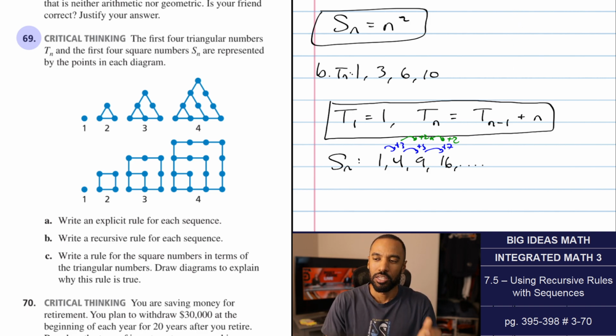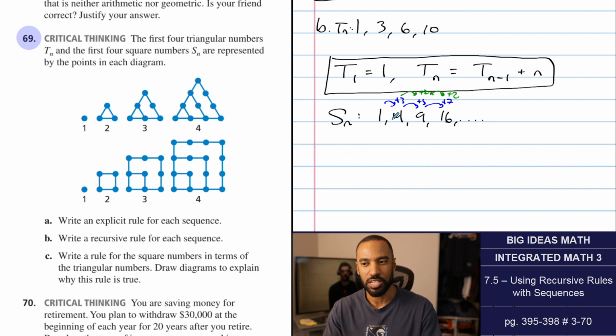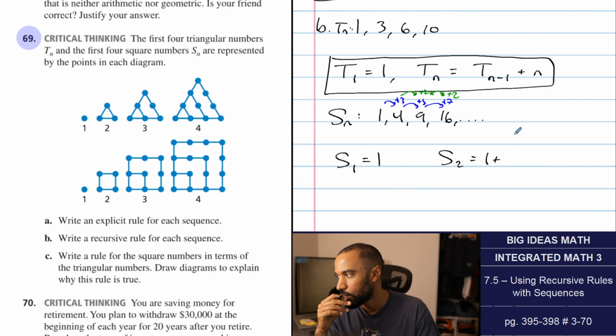We did this in the past, and I need to recall it again. So there's an arithmetic sequence within, where the first term is 1. The second term is 1 plus... n, I think it's like 2n minus 1.